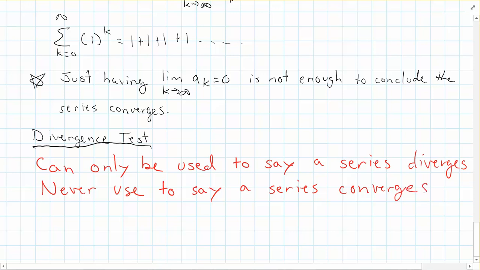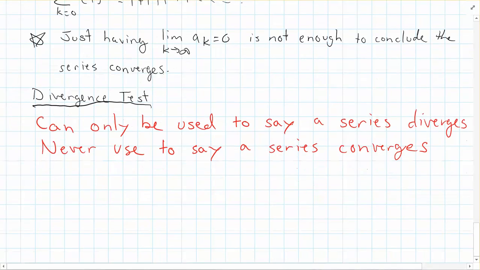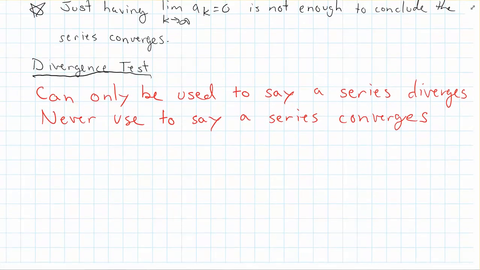And in fact, if you say that a series converges by the divergence test, I will probably take off almost all the points in the problem. And to me, it's a pretty obvious one that you should know that you can't use the divergence test that way. The name tells you, divergence test. So what is it going to tell you? Divergence. It's called the divergence test. So it only tells us whether a series diverges.